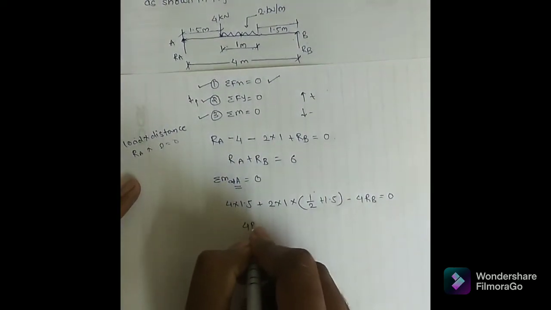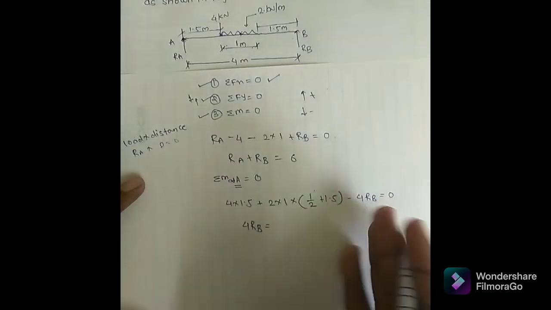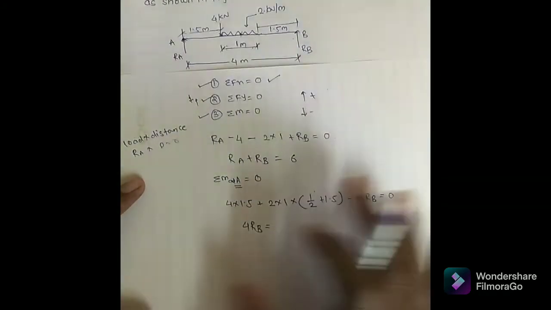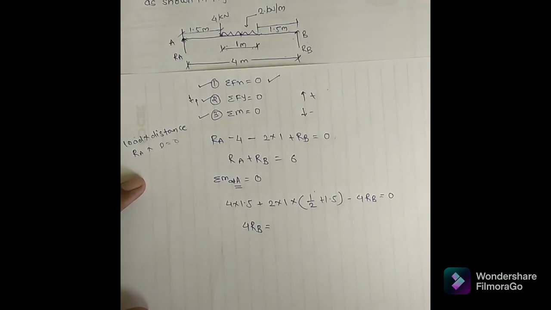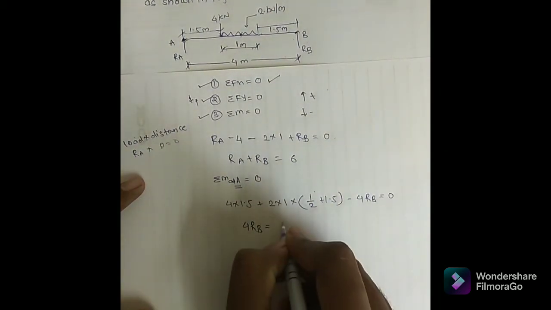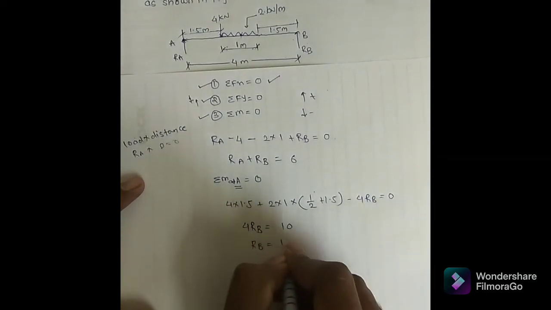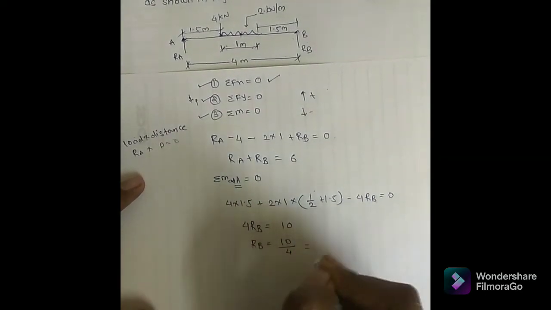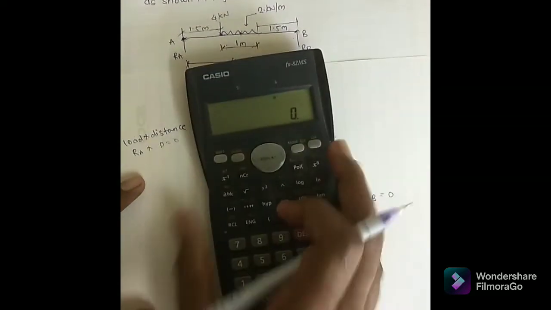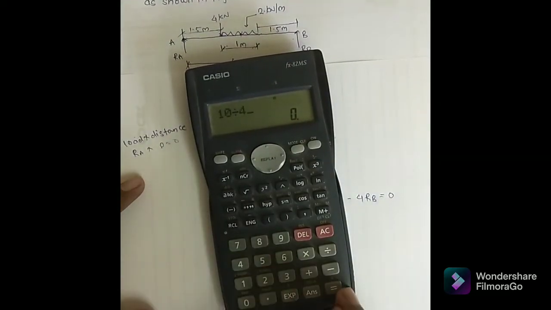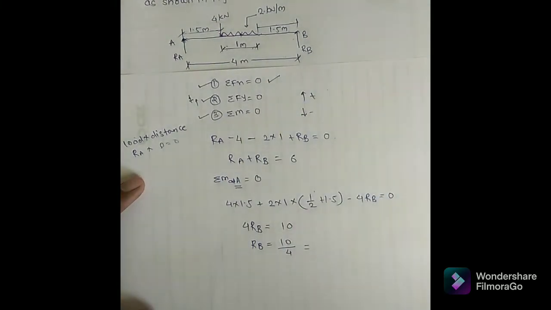So 4 RB is equal to, I have taken RB on that side, and this calculation comes out to be 10. Hence RB is equal to 10 by 4, which on your calculator will be 2.5.